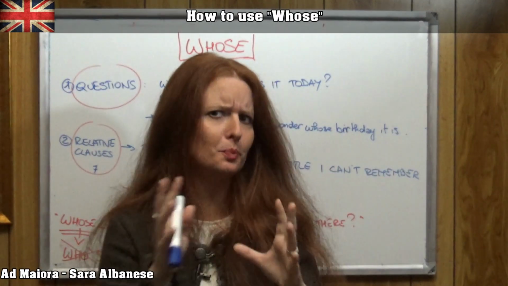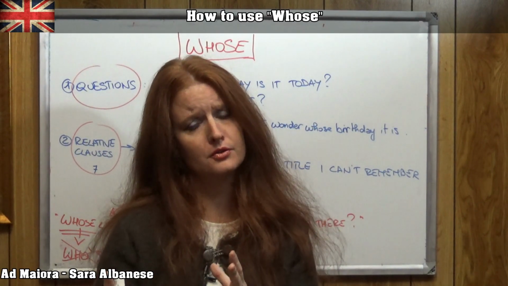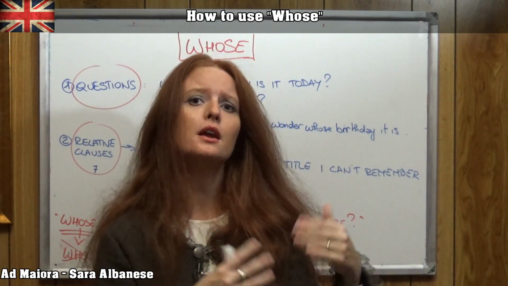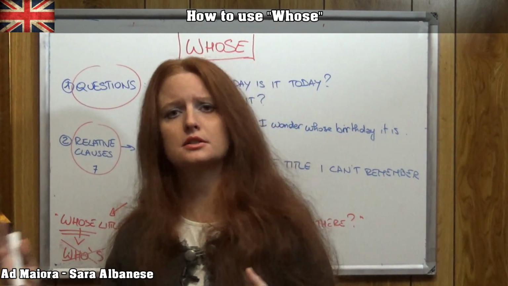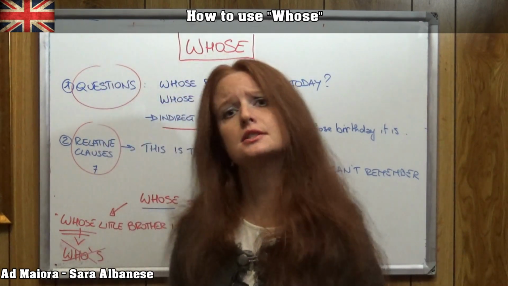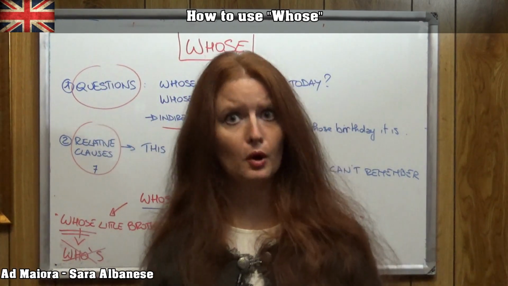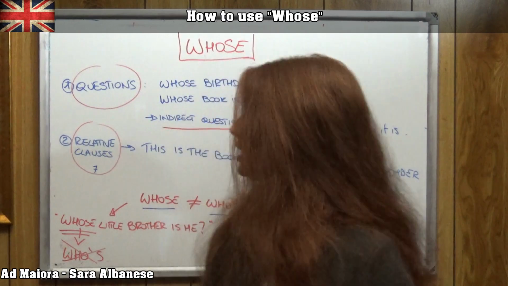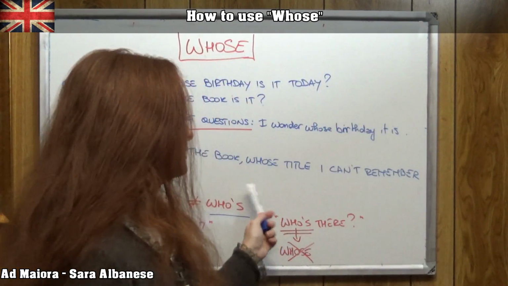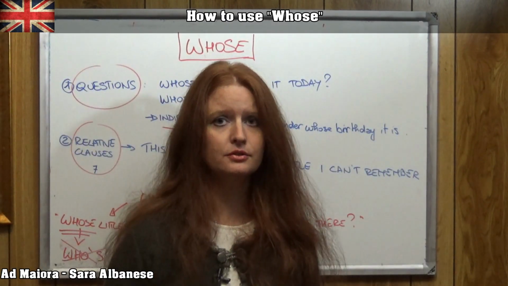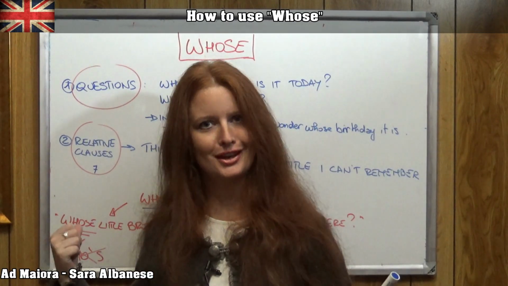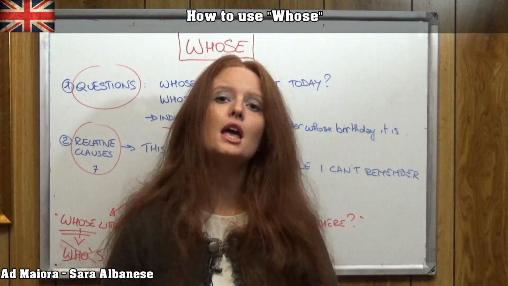So we have to pay attention sometimes with relative pronouns, because we know that who is always used for persons and which just for objects, but whose can be used for both of them. I use the comma here because this is a non-defining relative clause, but again, if you have questions, you can go back to lesson number 7.